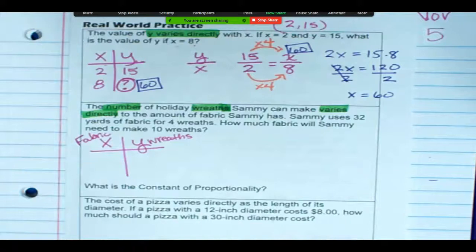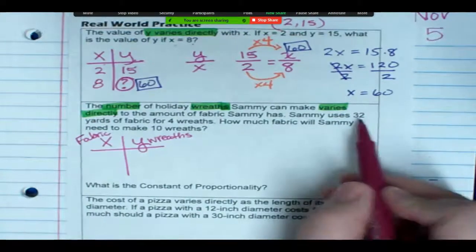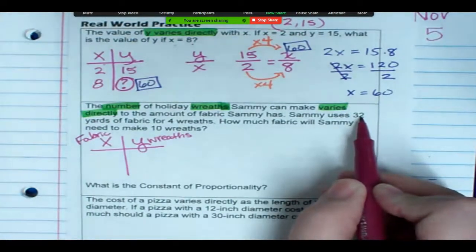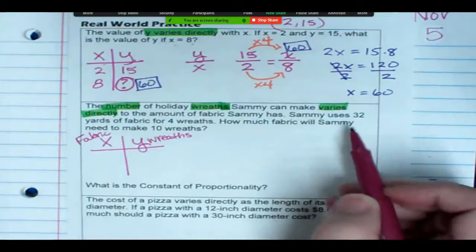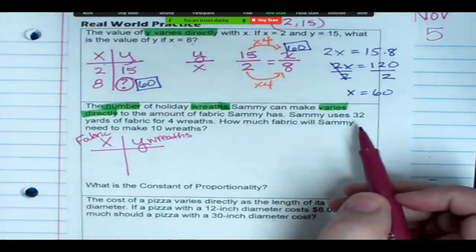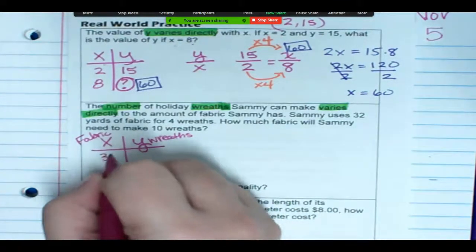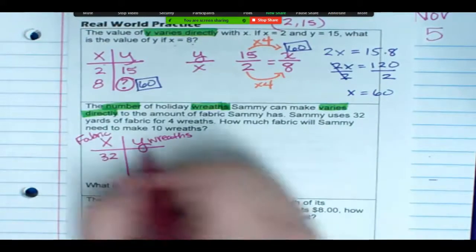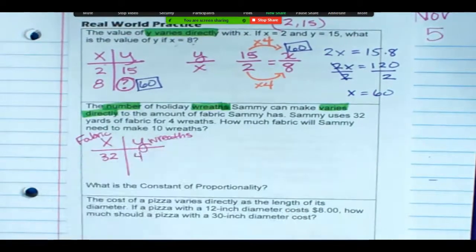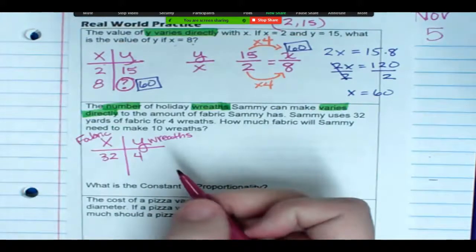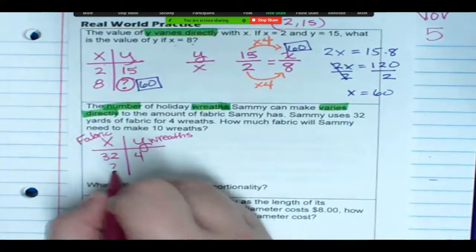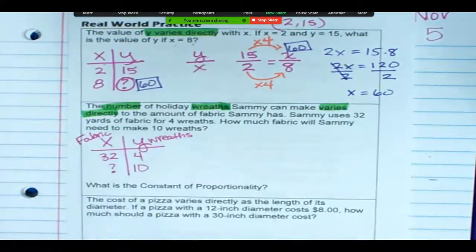So now I can tell which numbers go in which side, which is an x value, which is a y value. So Sammy uses 32 yards. Is that an x value or a y value? X. So 32 yards makes how many wreaths? 4. How much fabric? I don't know the fabric. To make 10 wreaths.